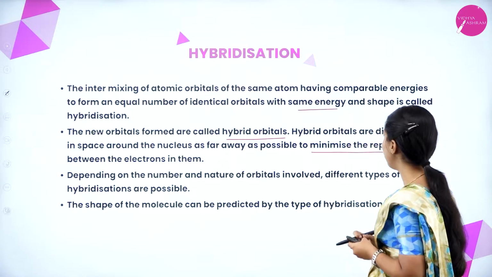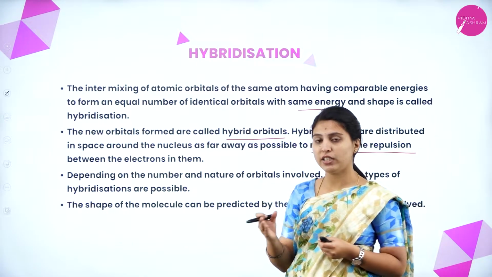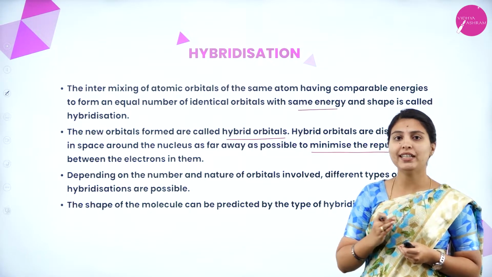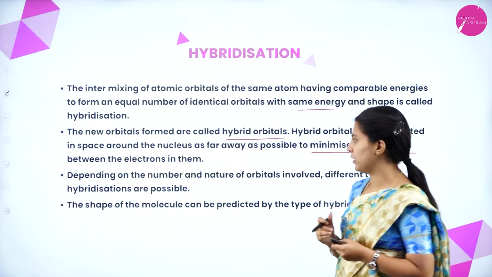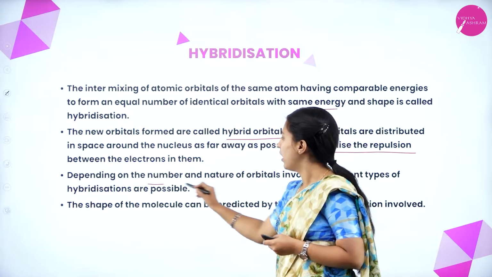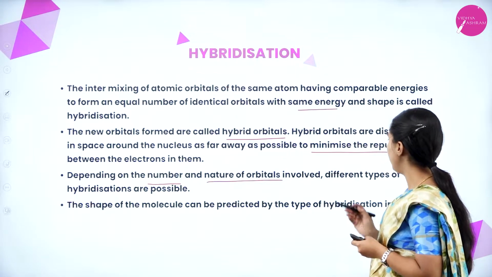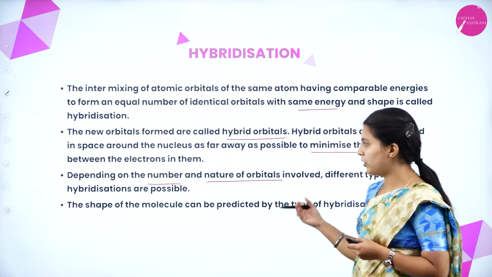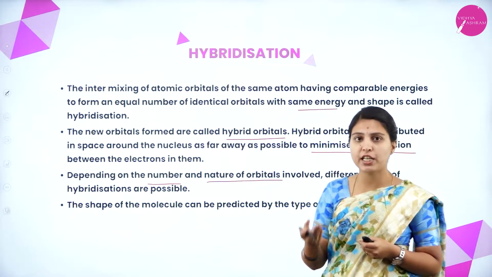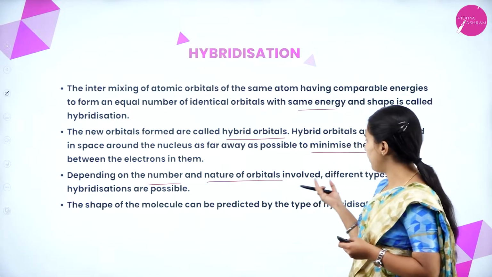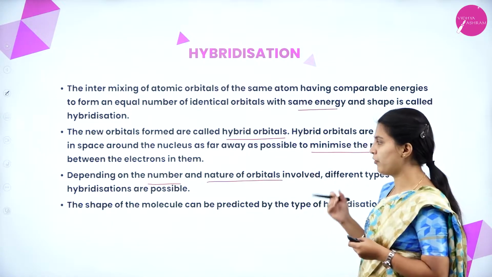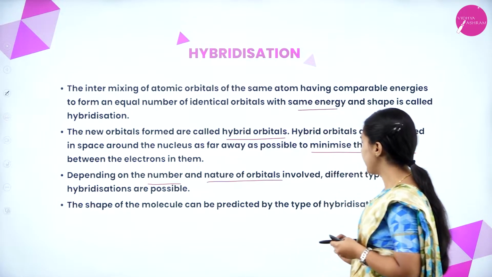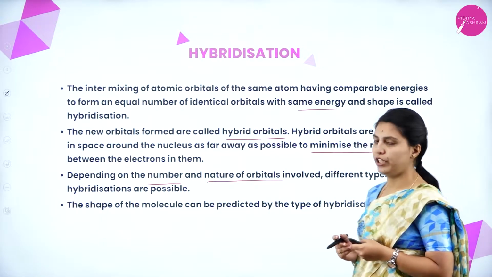So the hybrid orbitals are distributed in space around the nucleus as far as possible because they should not get repelled by one another. Depending on the number and nature of orbitals involved, different types of hybridization are possible. The shape of a molecule can be predicted by the type of hybridization involved.